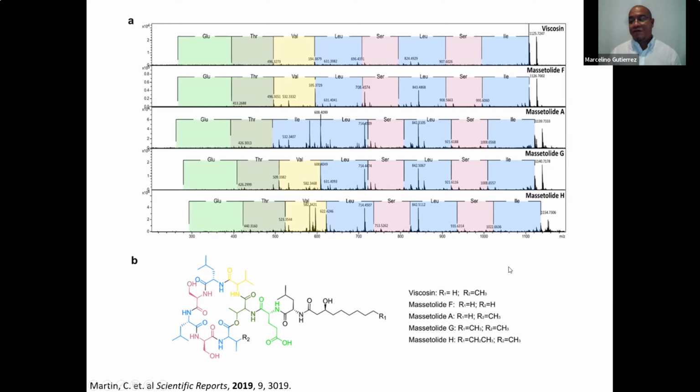Also, to prove the concept, we isolated pure viscosin using chromatography and confirmed the identification using NMR. So actually, this was confirmed. The structures of all these compounds were confirmed by isolation and use of NMR and mass spectrometry.